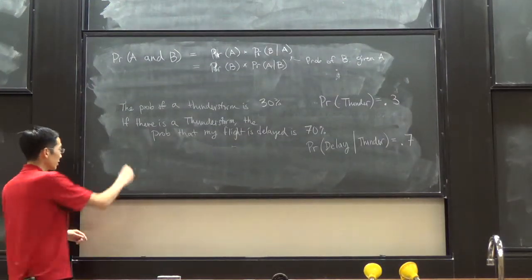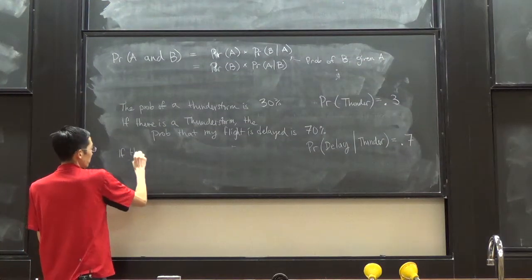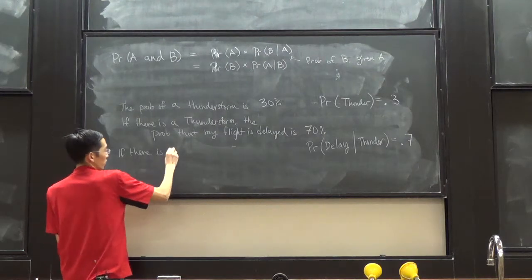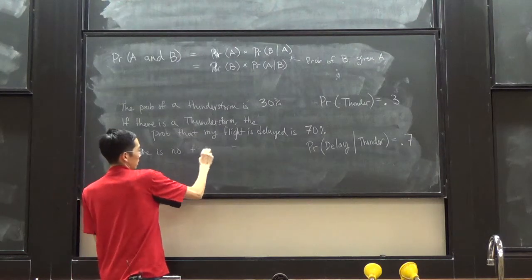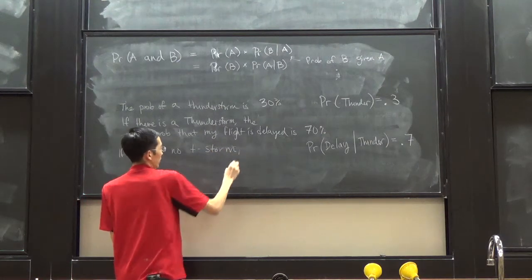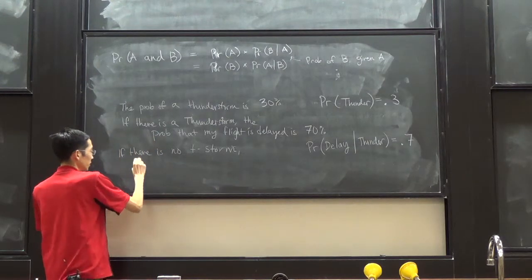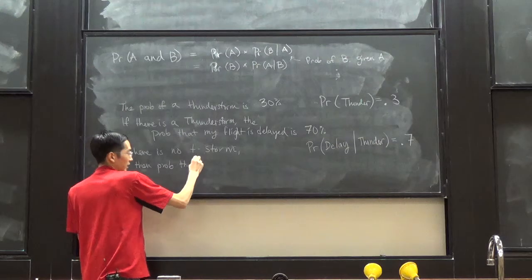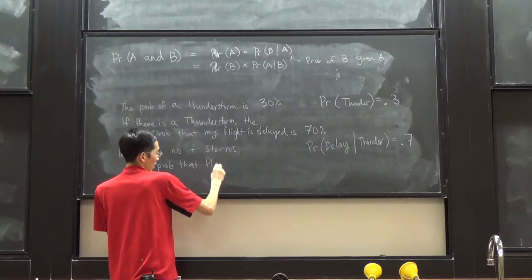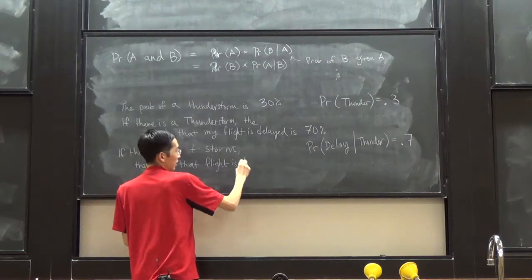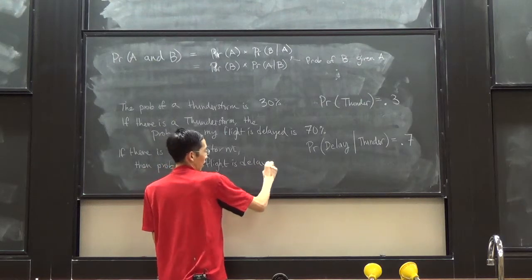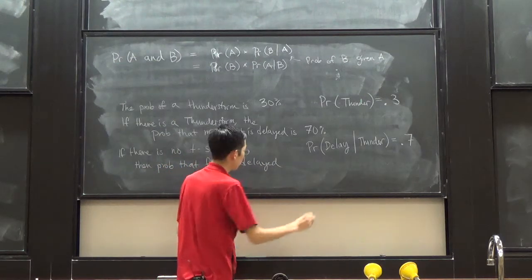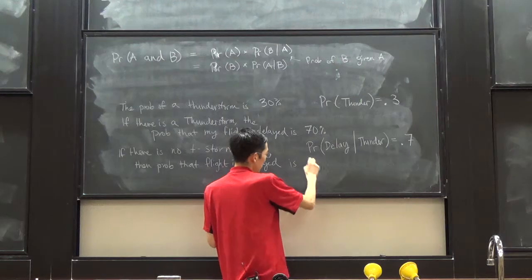On the other hand, if there is no thunderstorm, then the probability that the flight is delayed is only 10%.